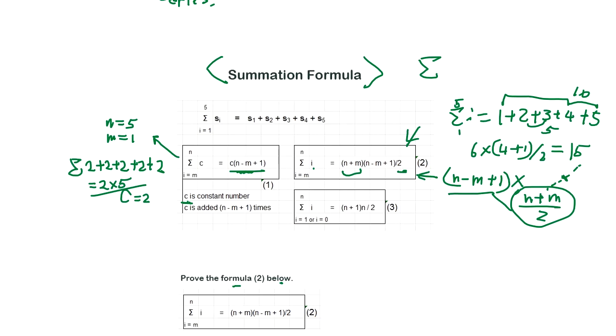That's what it is. Now simplify. If we know m is 1 or 0, then the formula is simplified to this. So that's the summation formula.